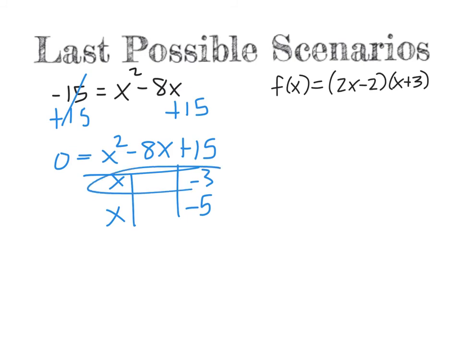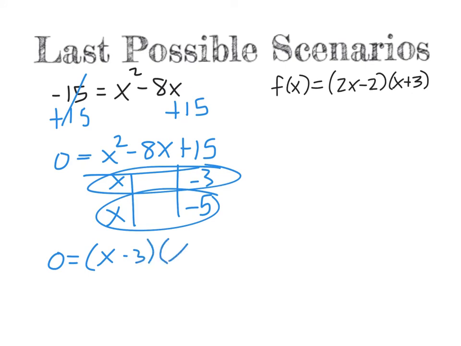Down here, we found the factors as x minus 3 and x minus 5. And then, what do we have to do? We set each equal to 0, so that you can get the solution, x equals 3 and x equals 5.